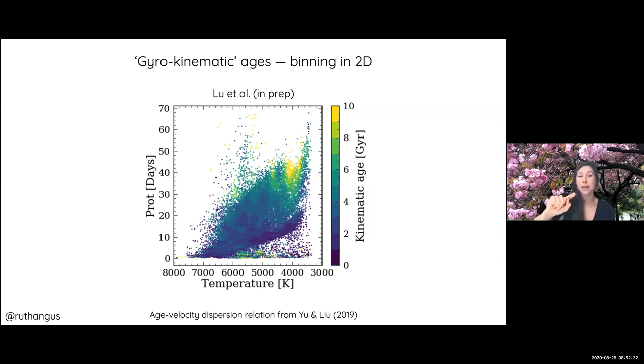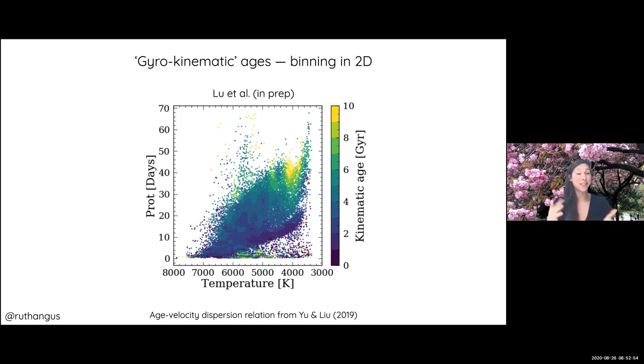Lucy takes the bin in period and temperature centered on every star, and she calculates the velocity dispersion for all the stars in that bin. And then she uses an age-velocity dispersion relation to convert the velocity dispersion into a kinematic age.